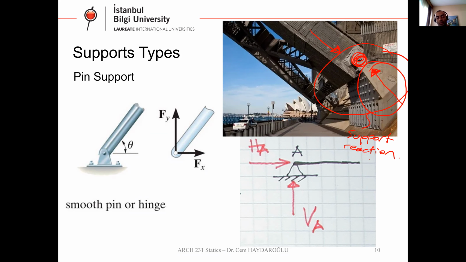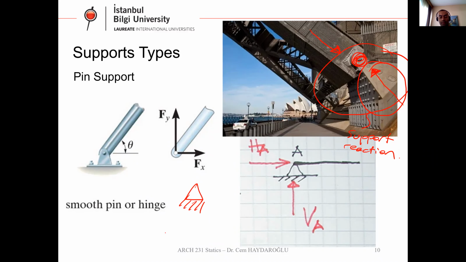We show these pin supports in our calculation with a triangle, as you can see here on the right-hand side, with the shaded part at the bottom, or we can show only the triangle.